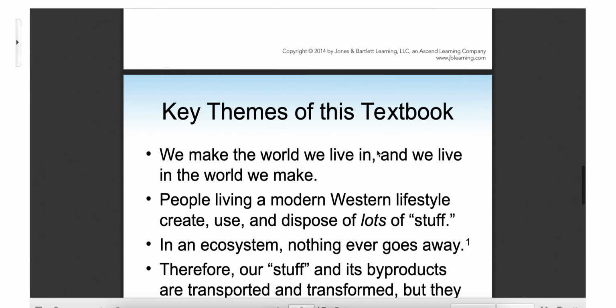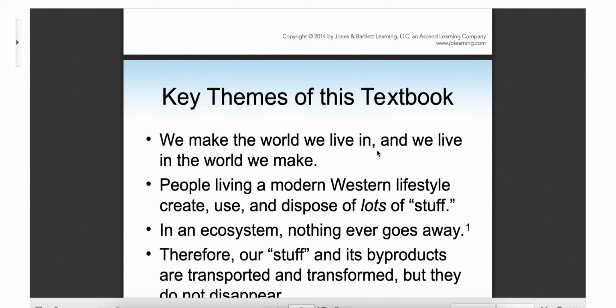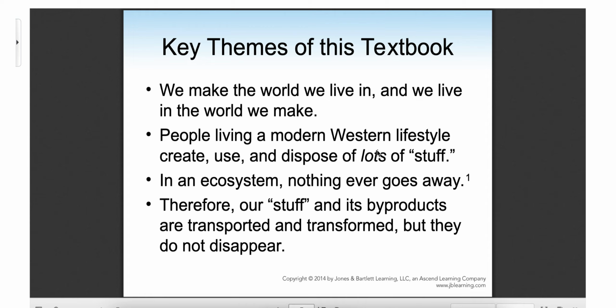There's a lot in this chapter, even though it's short and just introducing you to what it is. It's all a big, really complicated interaction, and we're trying to break it down to keep ourselves healthy, but also keep the environment healthy, because in turn it keeps us healthy.